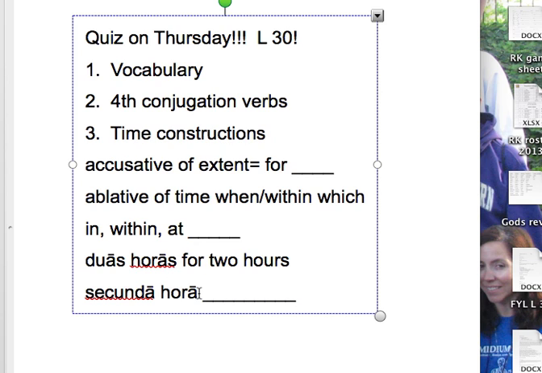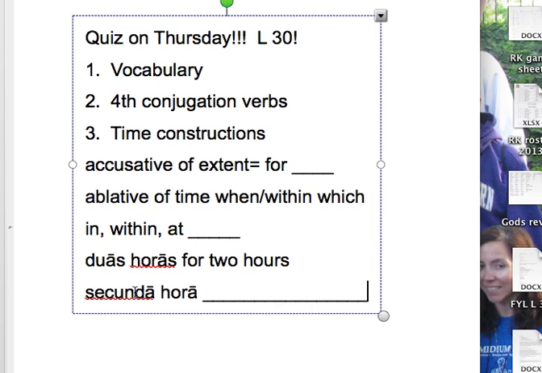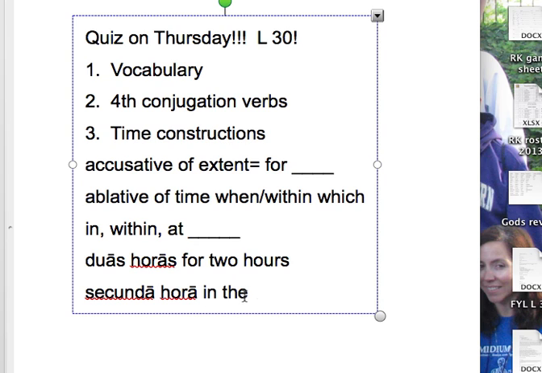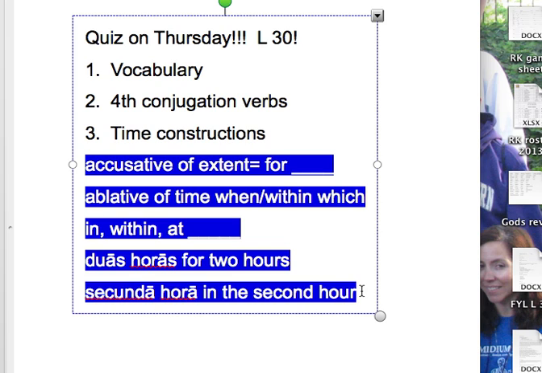So if you get a question like this, you need to recognize it's ablative and translate it appropriately. In, within, or at. So for this one, I would say in the second hour. In terms of vocabulary for this section, I will deliberately be choosing words that you've seen recently, whether they were in examples I gave, or in the examples in the text, or in the exercises in the text. Okay, that's section 3 of this quiz.